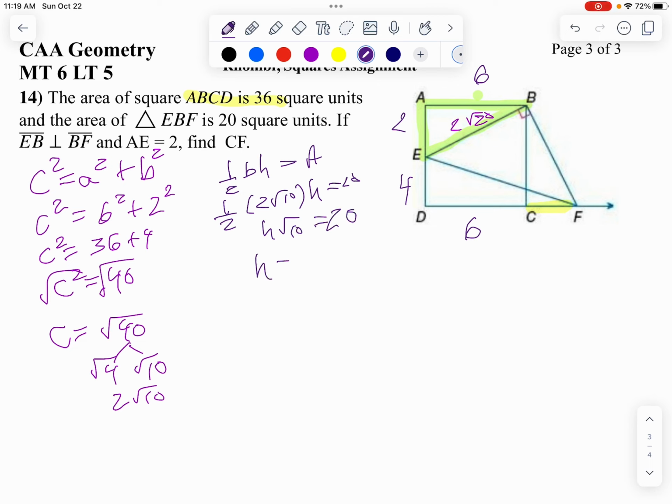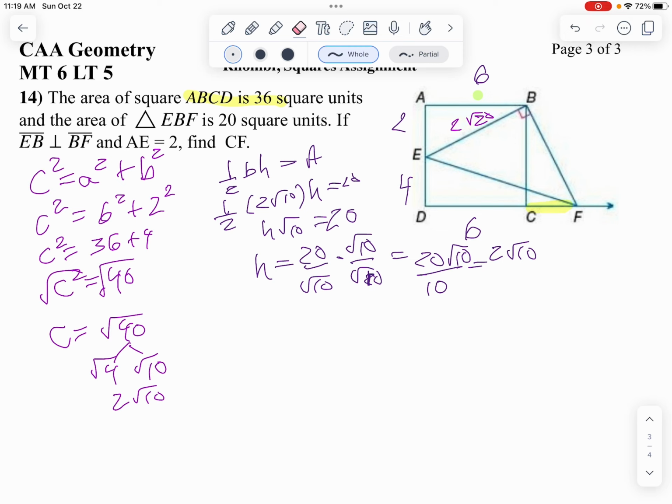So h then is 20 divided by the square root of 10. We'll rationalize that denominator. So I get 20 square roots of 10 all over 10. That'll give me 2 square roots of 10. I better go back and change that to my square root of 10, huh?